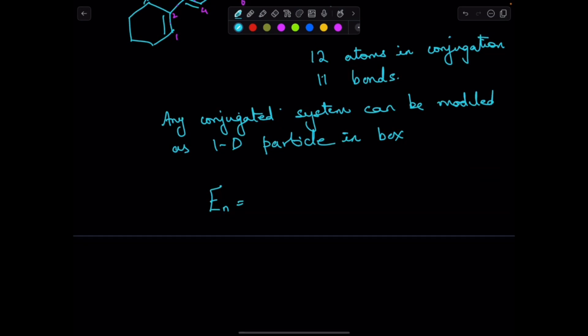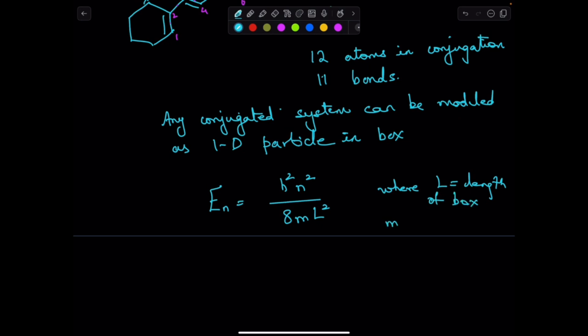For one-dimensional particle in a box, energy is given by E equals h squared n squared by 8mL squared, where L is the length of the box, m is the mass, and n is the energy level.